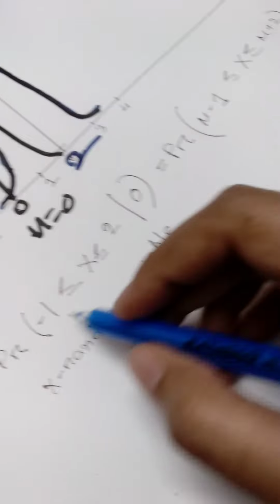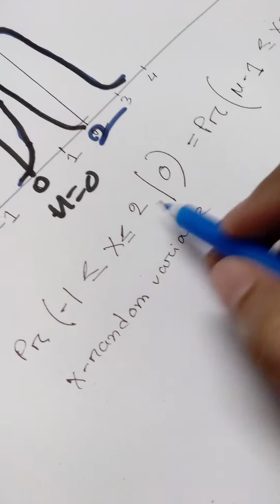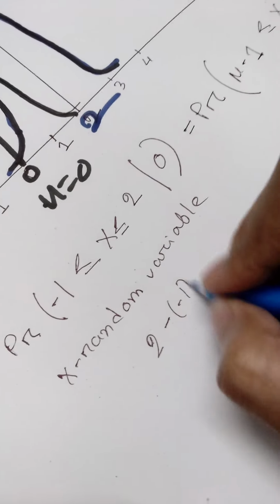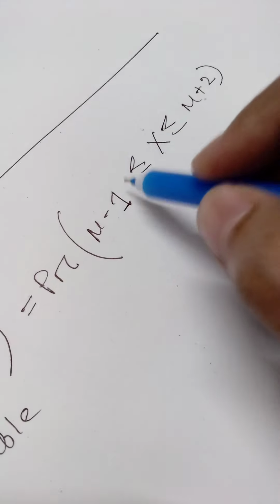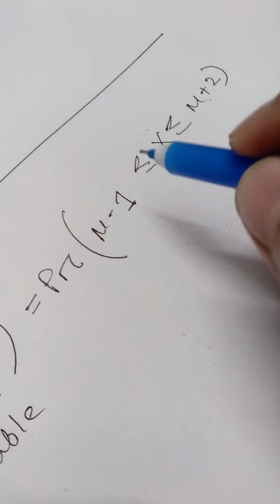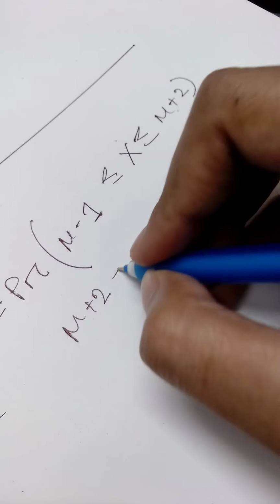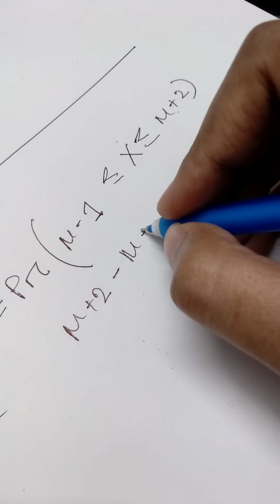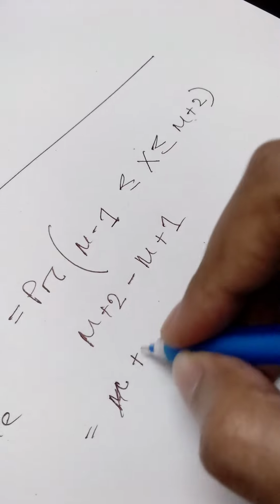Look at the gap between the range. 2 minus -1 is equal to 3, and for this one we just added mu, a location parameter, for this blue distribution, and find the gap between those two: mu plus 2 minus mu plus -1, which is 3.